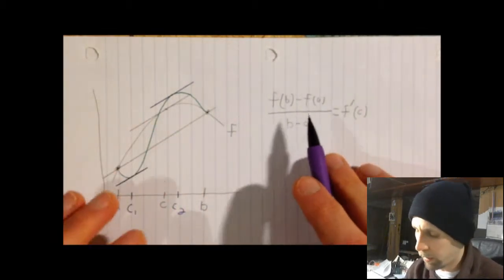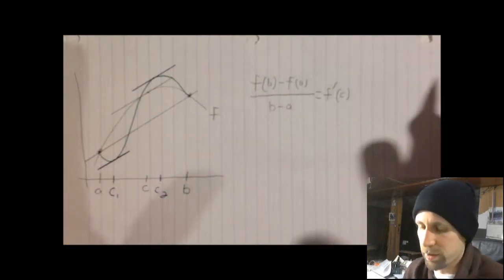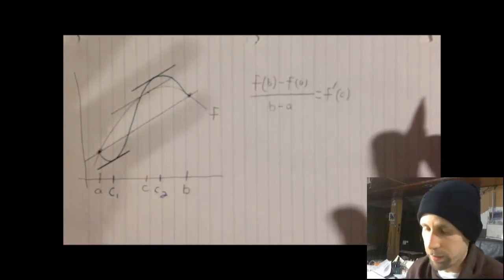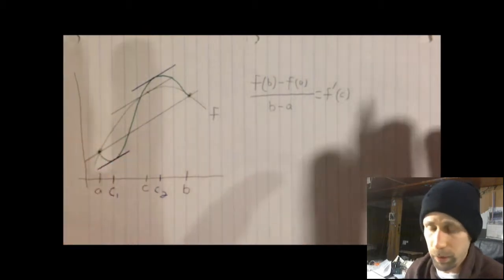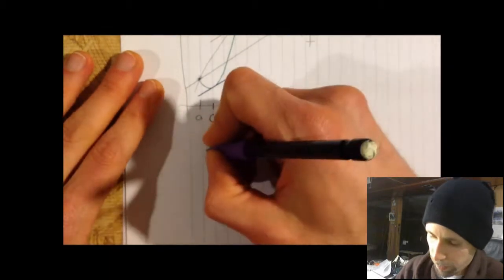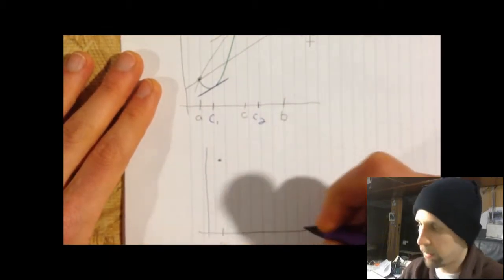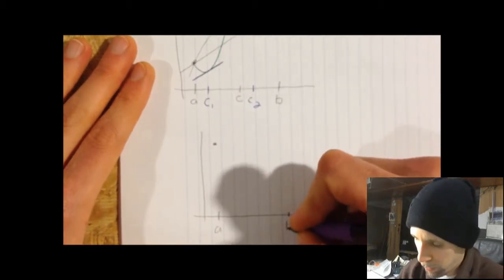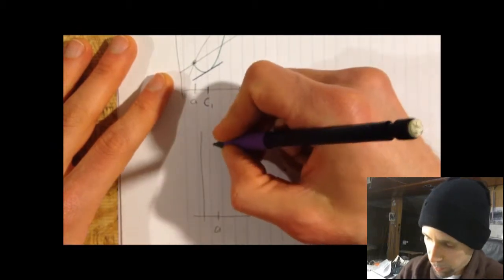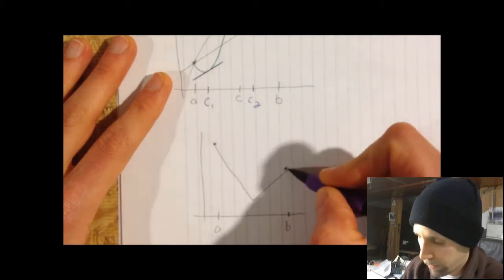One of the conditions for the theorem to hold is that the function has to be differentiable. It could have a corner or a vertical tangent, or it could be discontinuous, and then all bets are off. Let me just give you a quick example of that. If the function starts here, we'll say that's A, and this will be B here. Let's say it goes straight there, and there's a corner, and then it goes straight up, like that.